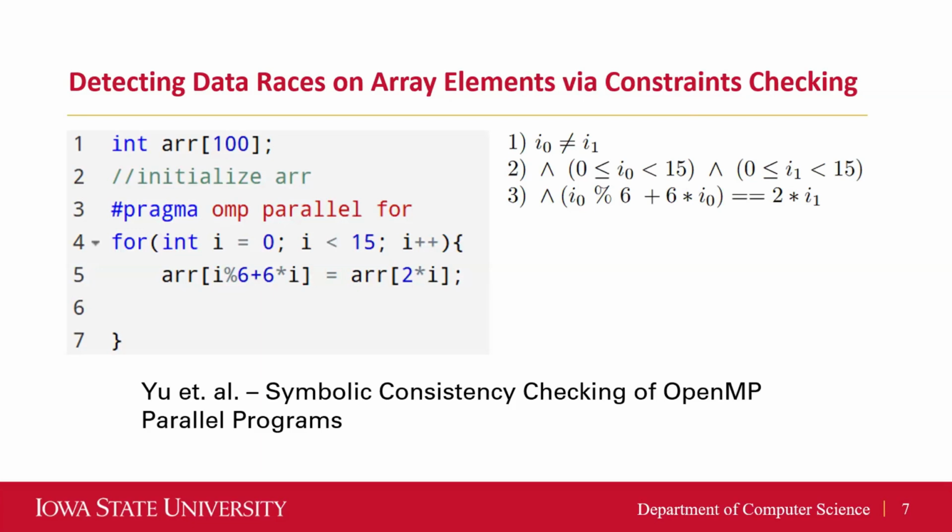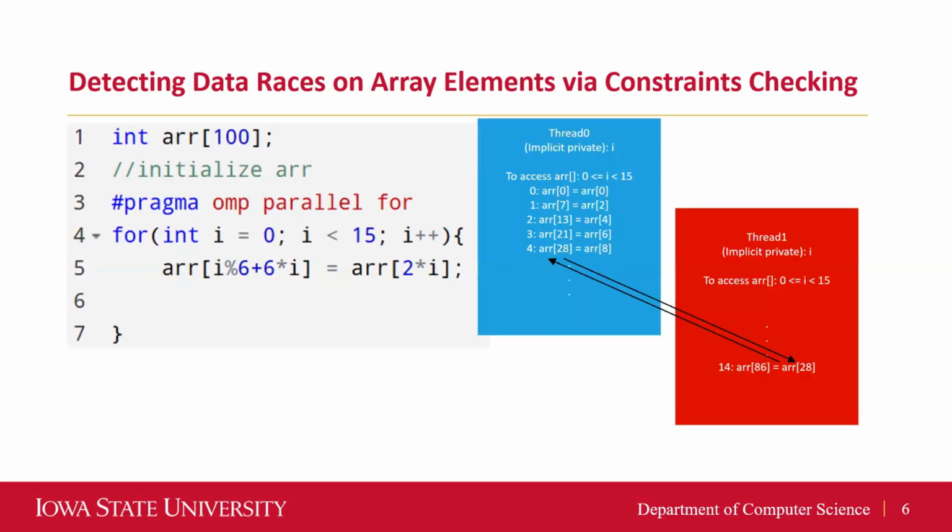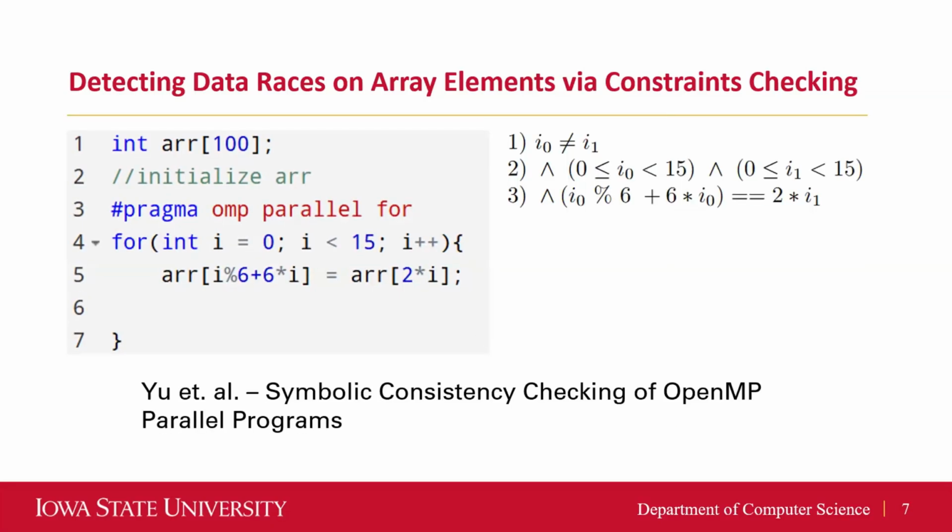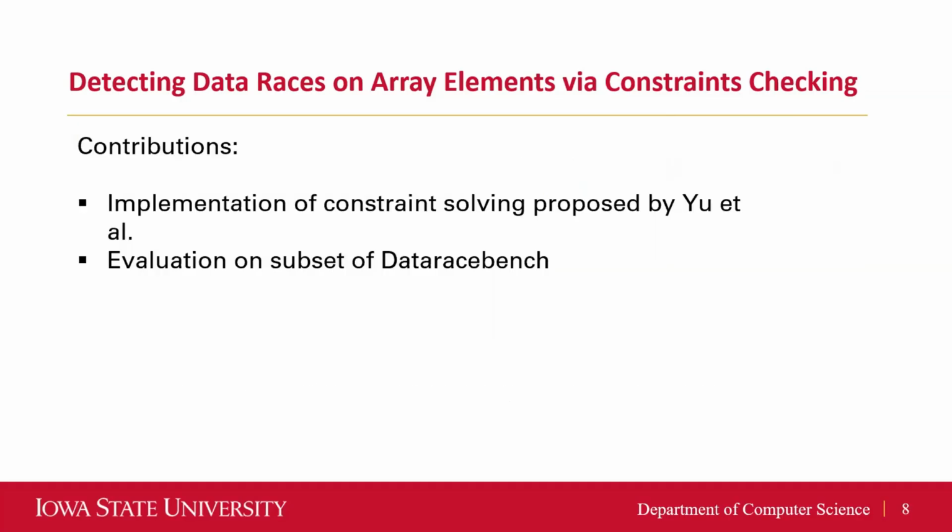And we send this to a constraint solver, and if the constraint solver can find a solution for it, then it will report this as having a data race. If not, it will not report it as having a data race. And we've seen that there can be a data race at ARR 28.